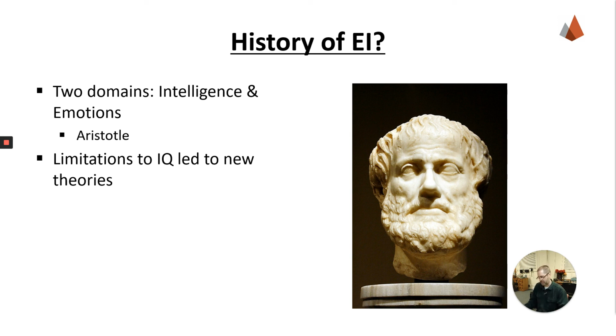So let's take that apart for a second. So limitations to IQ, and they would say, well, listen, if you don't take into account one's emotional intelligence, whether emotions play a positive or negative role, and maybe other non-cognitive areas, you really don't get a full picture of one's intelligence.